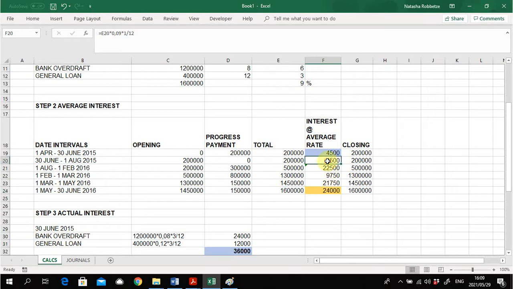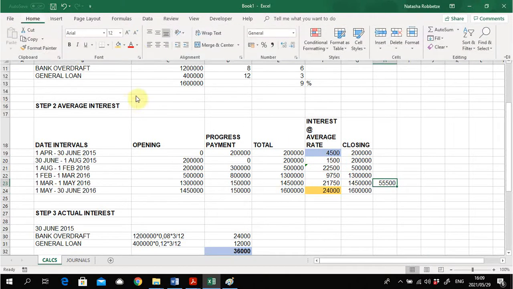It's going to be 1,500 plus 22,500 plus 9,750 plus 21,750. That is the sum of everything, and I'm going to get the sum here of what is allowed for capitalization. So I'm going to account for this 55,500.